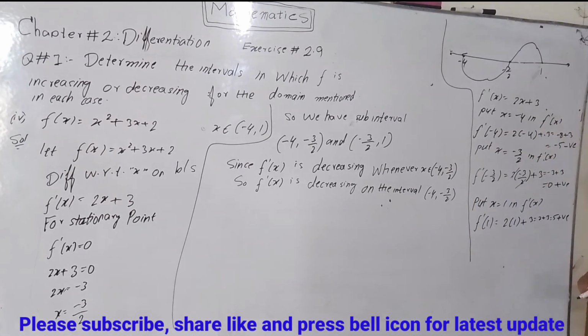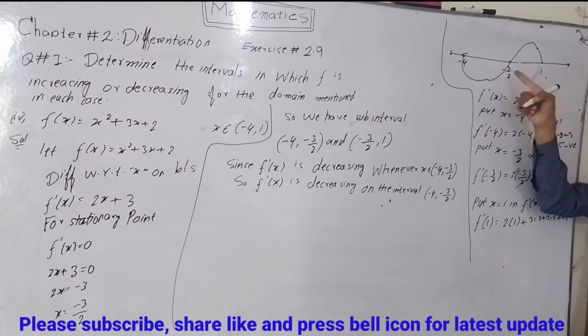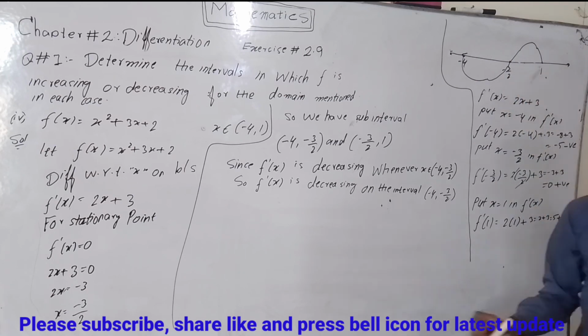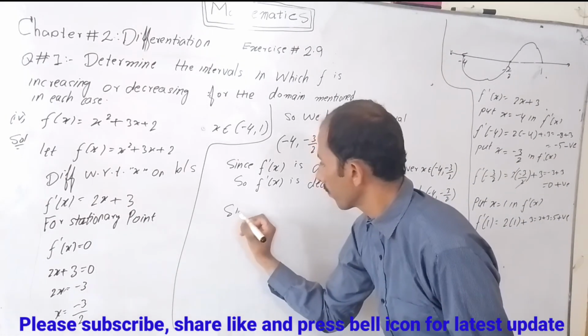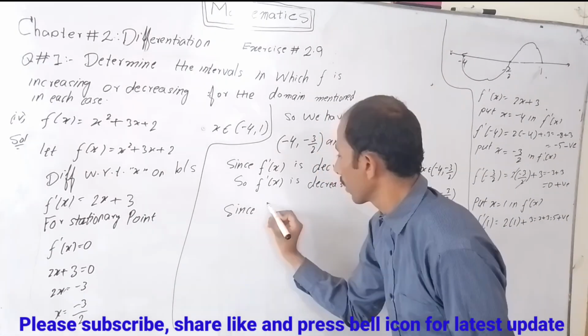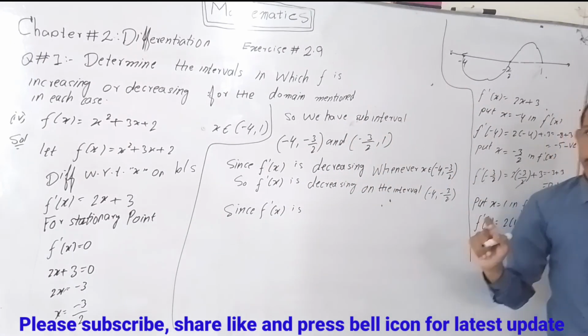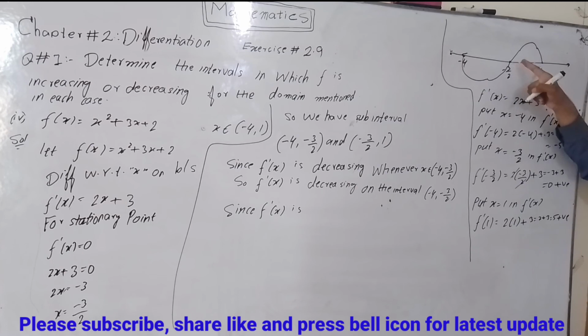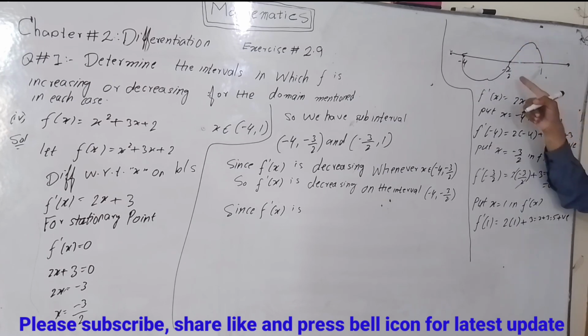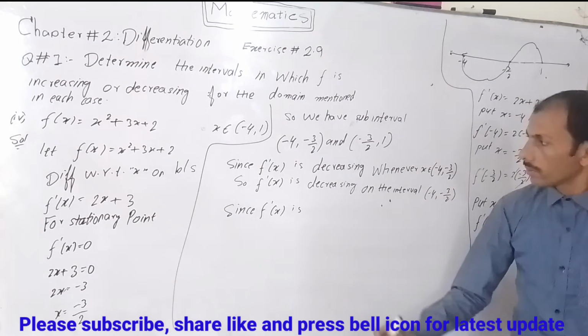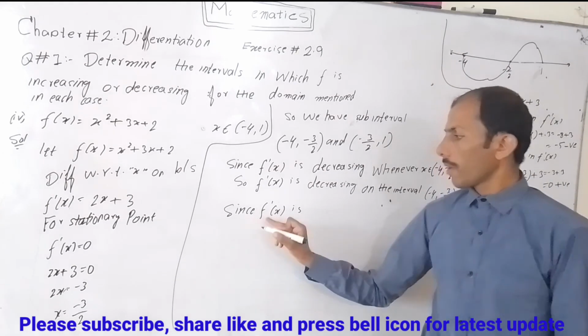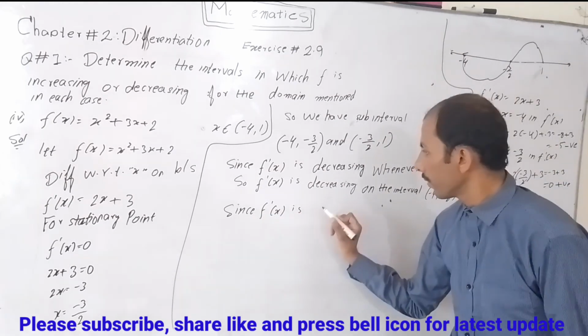Next, check minus 3 over 2 to 1. Since f prime of x is increasing because the graph lies above on the real line, the interval minus 3 over 2 to 1 is increasing.